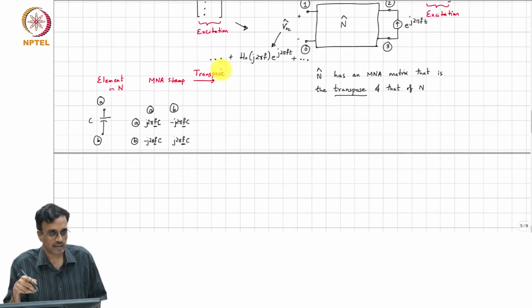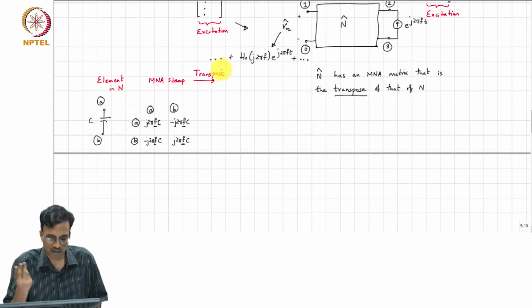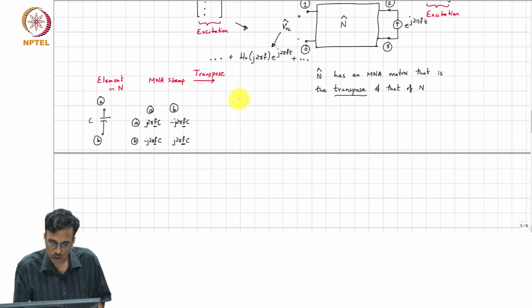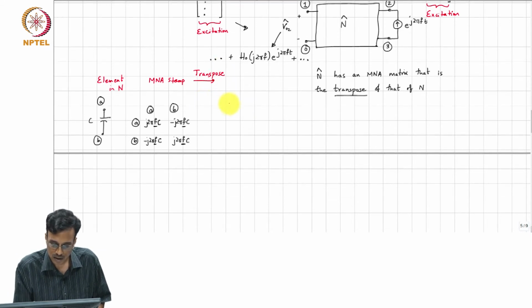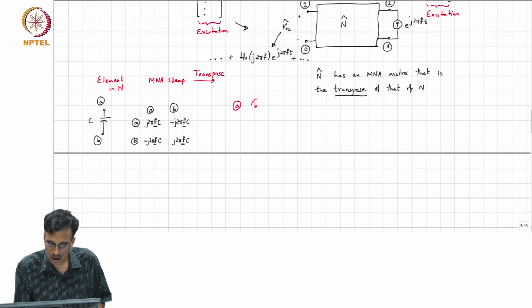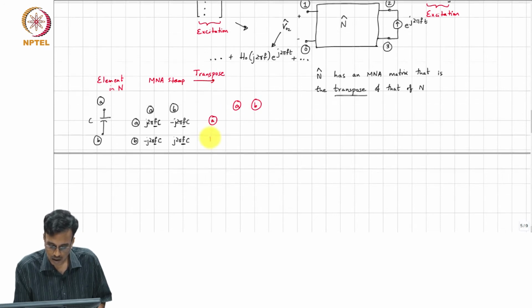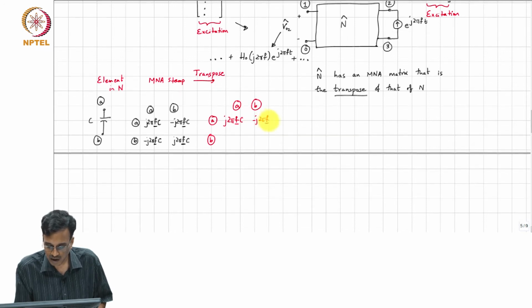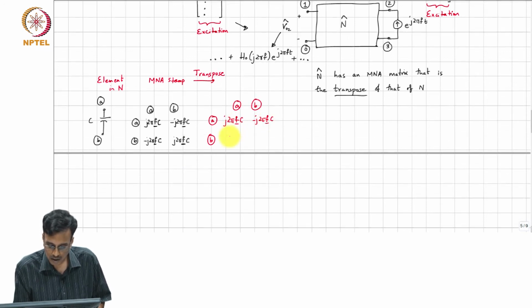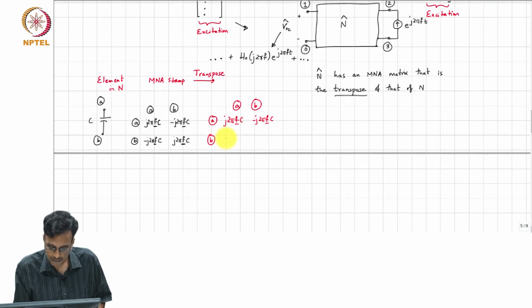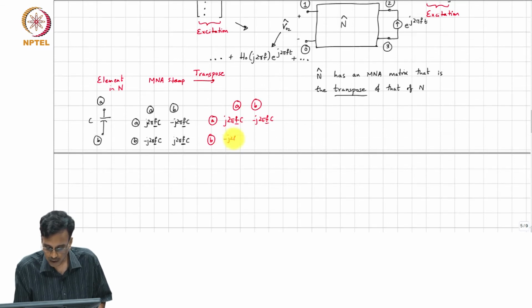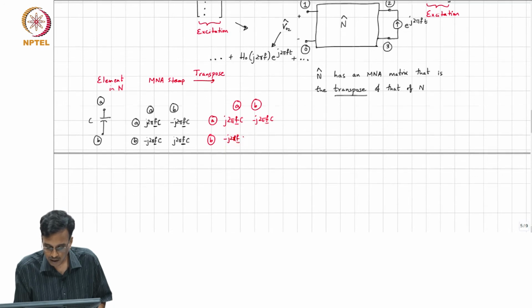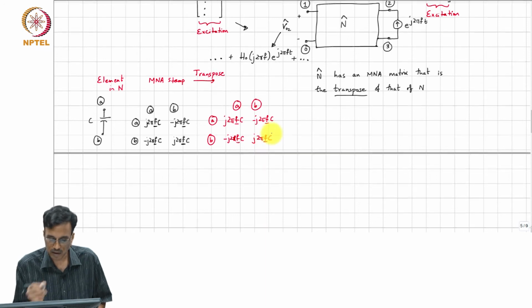F is a diagonal matrix. So, if you transpose it, it remains the same, and therefore, that will remain so j 2 pi f c, minus j 2 pi f c, minus j 2 pi f c and j 2 pi f c.